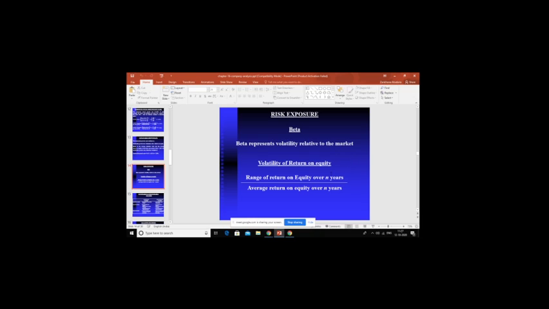Okay, so you can try this calculation also. Okay, so this is about beta, the measure of volatility of a company's prices against the market.